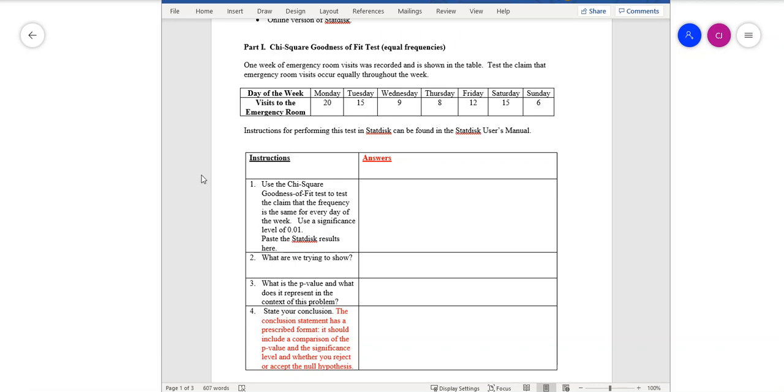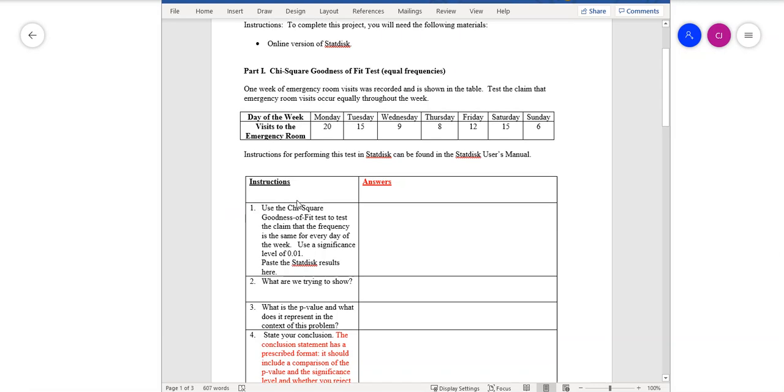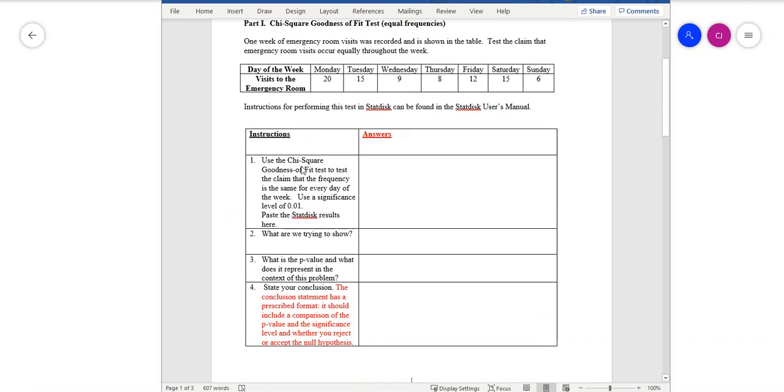So if we asked a question about which day of the week most visits occur, the answer would be Monday, right? So again, the responses that we get are very important, not how many responses we get of each one, determine the type of variable that it is. So this is a qualitative variable, which we need for chi-square.